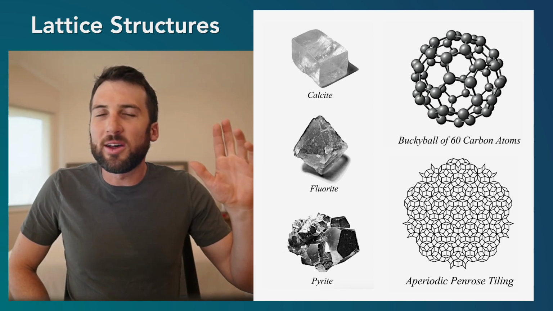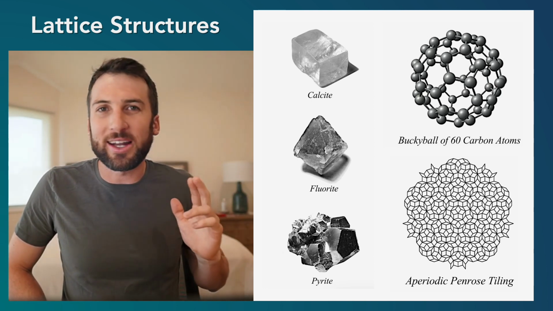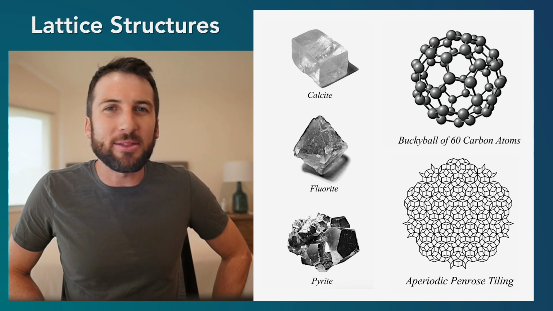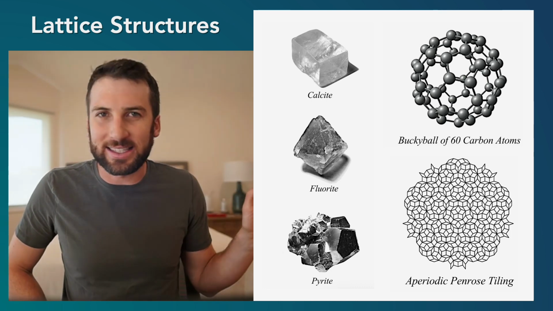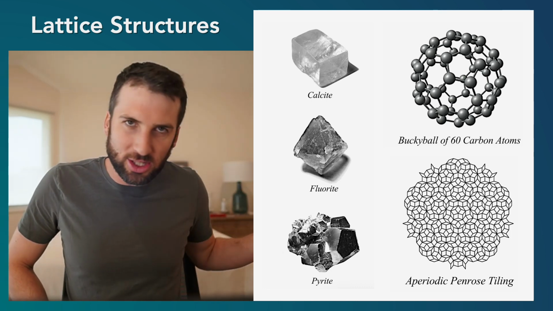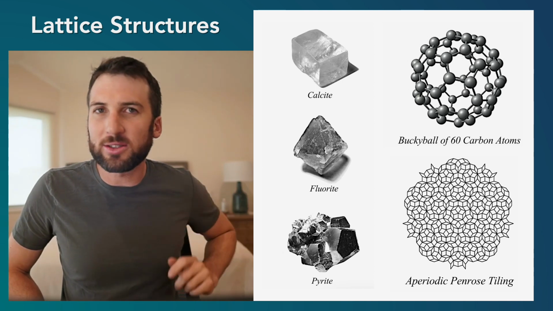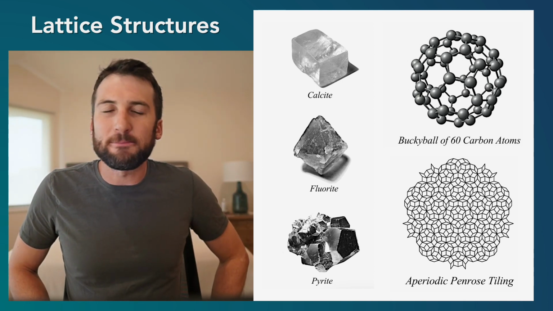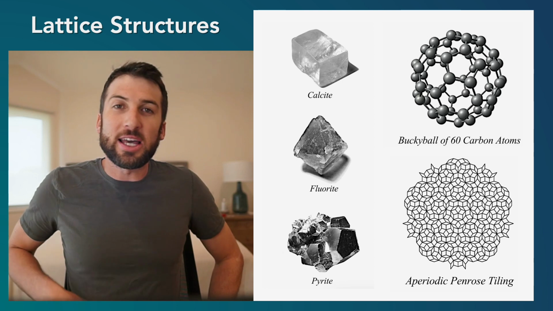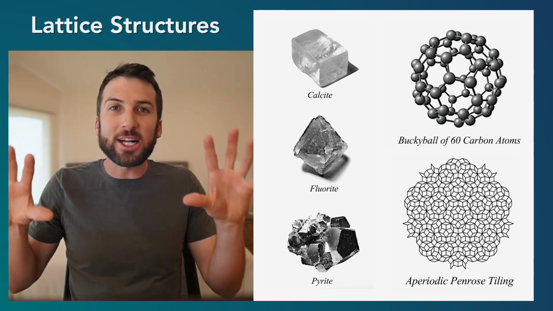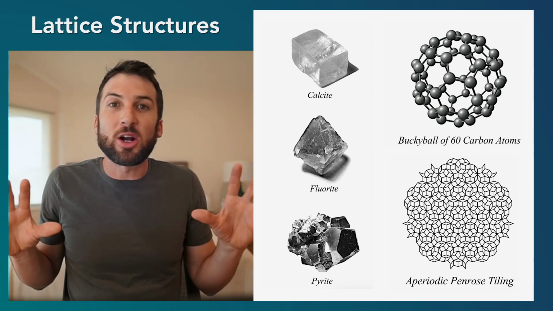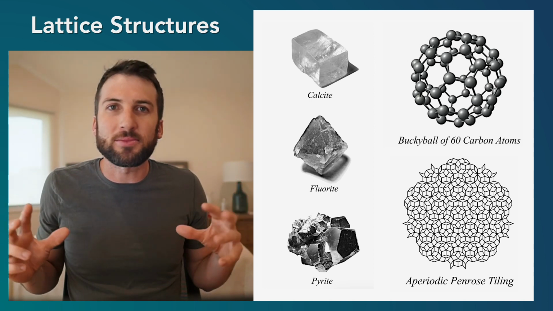Now, there are also aperiodic crystals. These aperiodic crystals were thought to not exist because only cubic and regular periodic crystals were thought to exist. But it turns out that some crystals, if you shine light through them, the diffraction pattern creates this 5-fold symmetry.